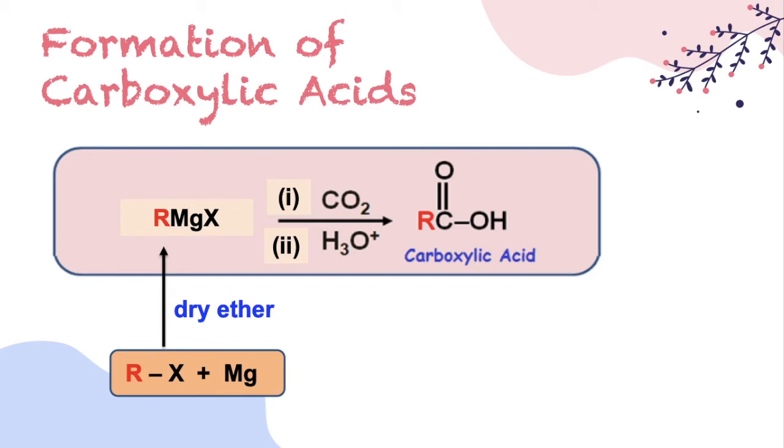Finally, formation of carboxylic acid. Carboxylic acid can be formed when we have Grignard reagent reacting with carbon dioxide in acidified water.